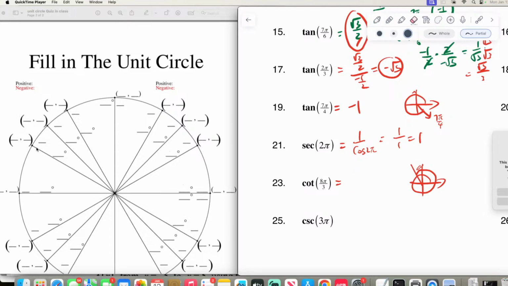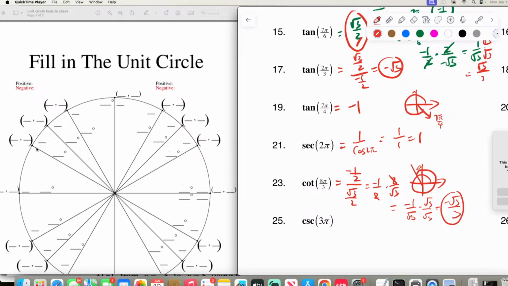Cosine is going to be negative 1/2 and sine is square root 3 over 2. So again, I'm going to perform that keep change situation. So 2 over square root 3 simplifies down to negative 1 over square root 3 times square root 3 over square root 3, which is equal to negative root 3 over 3. So that's going to be negative root 3 over 3 for this one.